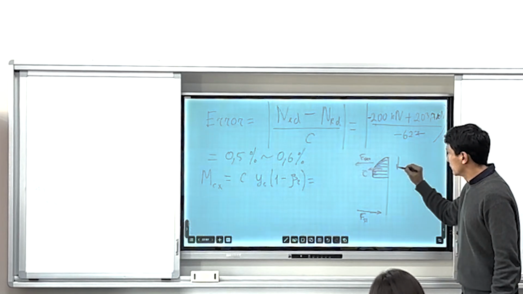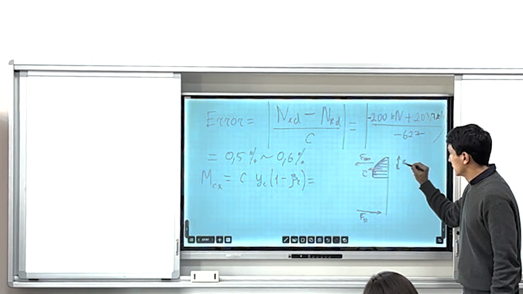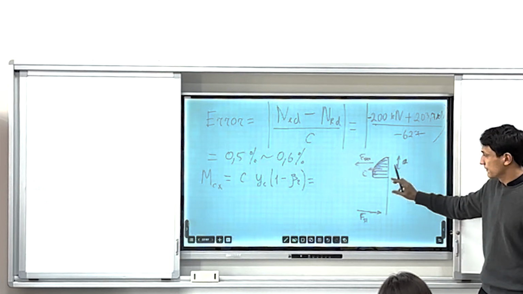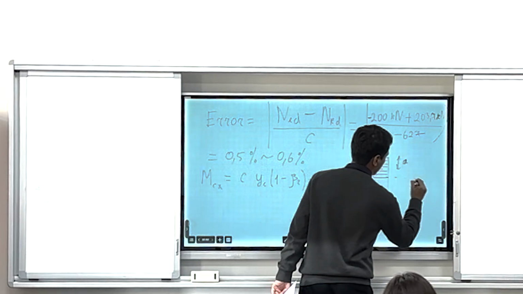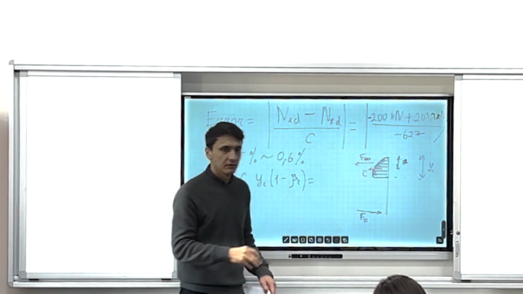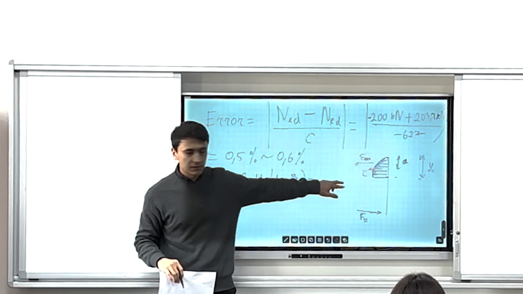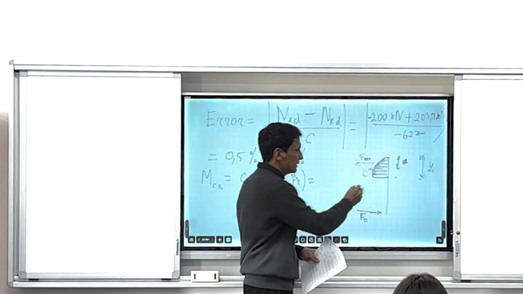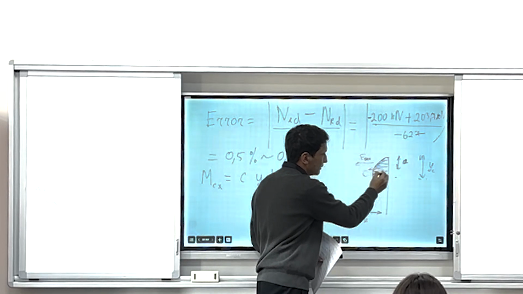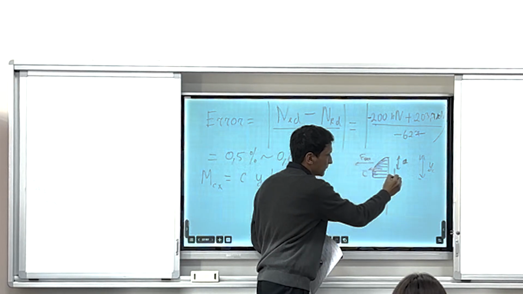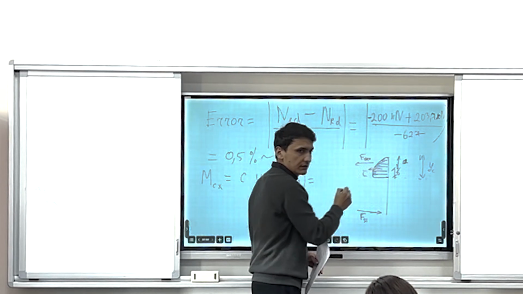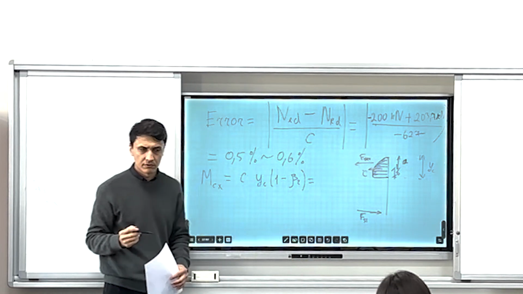That's why we have to find this distance. If you know this distance, this is YC, right? We want to find the bending moment around the neutral axis. In order to find the bending moment coming from the concrete, we have to multiply the lever arm by C for the concrete, right?